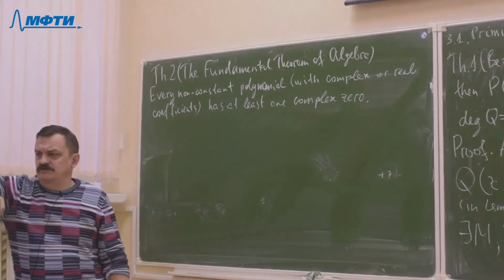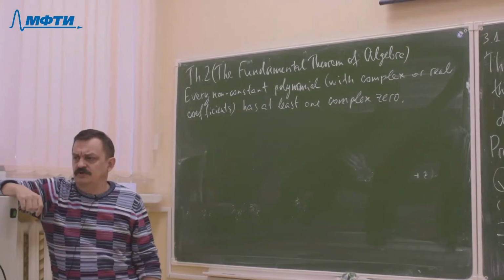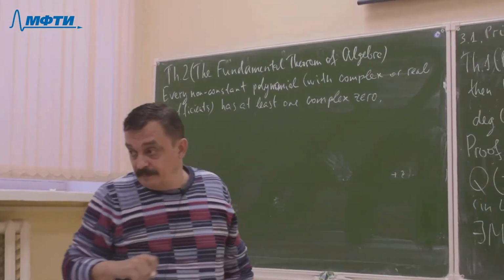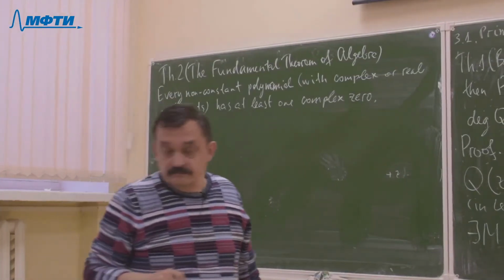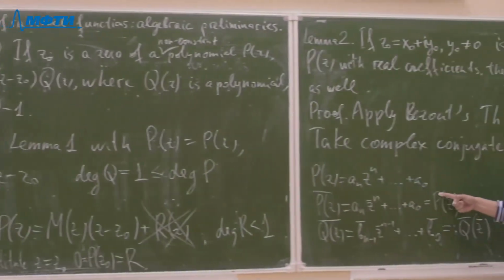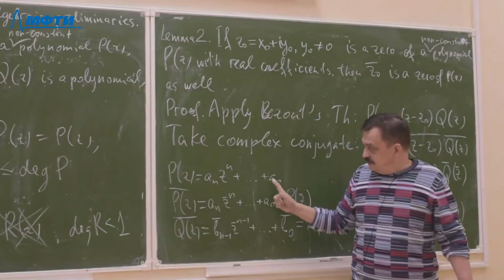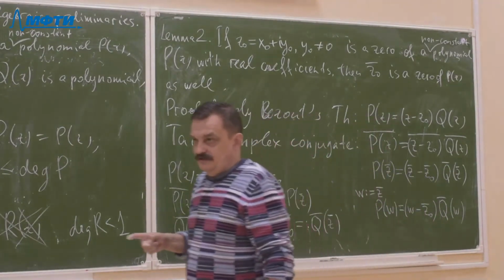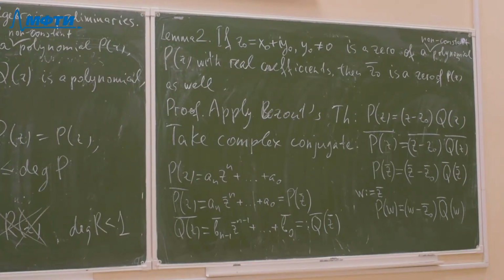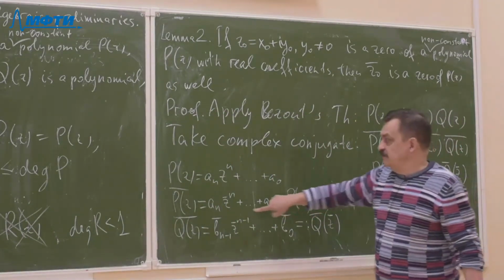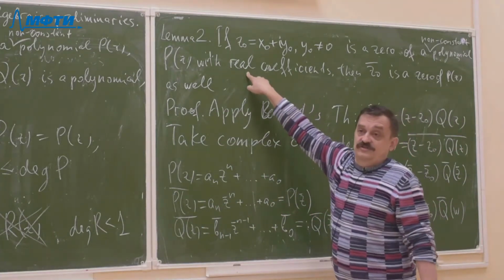P of z conjugate is not like p conjugate of z conjugate. Yeah, that is precisely what I wanted to prove here, yeah? Because coefficients are real, the conjugate disappears here. That is why we don't write p conjugate of z conjugate. That is precisely because of the real coefficients of p of z.